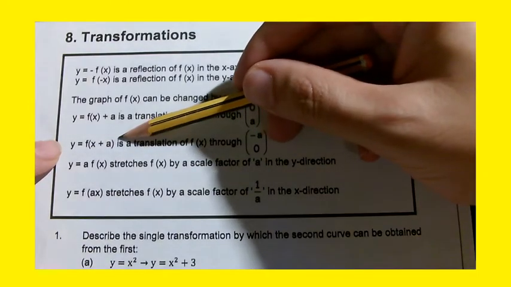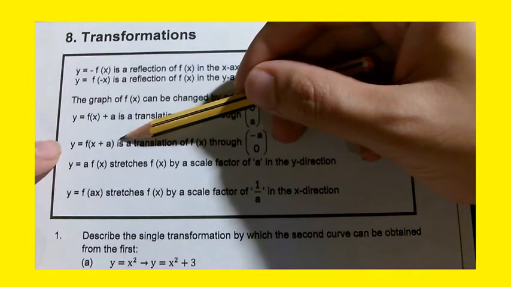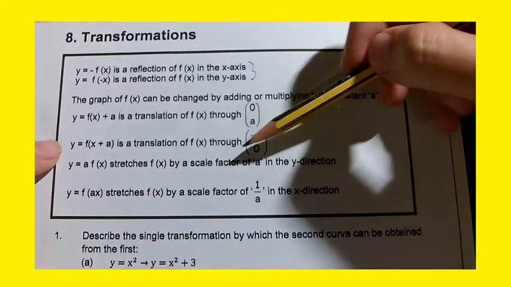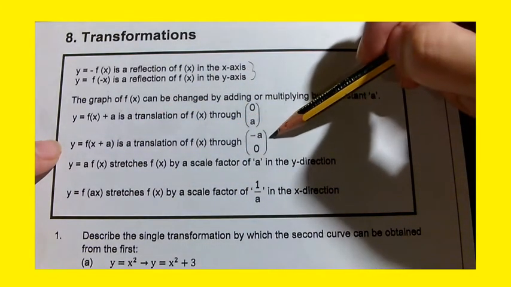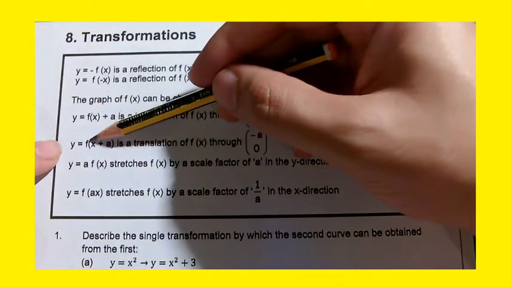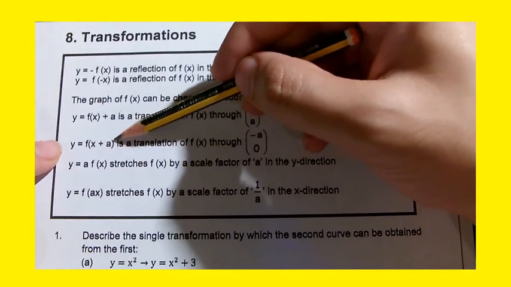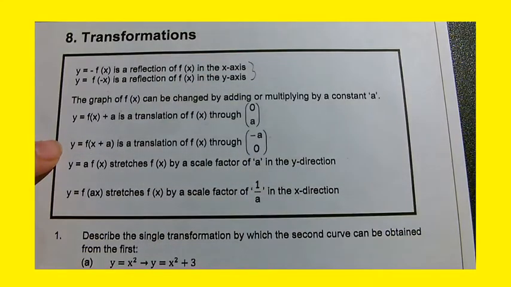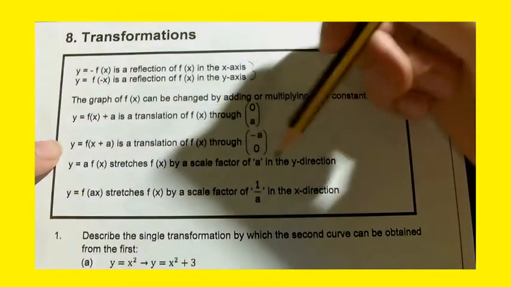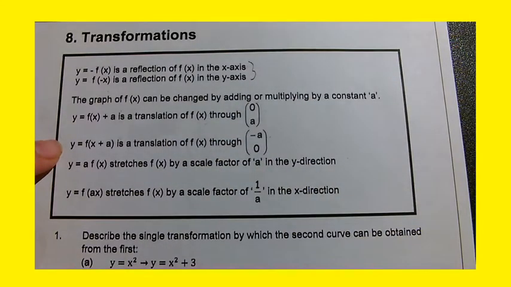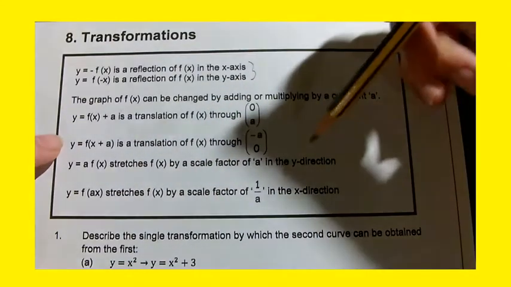If you've got f of brackets x plus a, then that's a translation of f of x, but in the opposite direction, okay, minus a. So if you have f of x plus 1, then as we're going to see in some examples, the graph doesn't actually go to the right plus 1, it actually goes to the left minus 1.